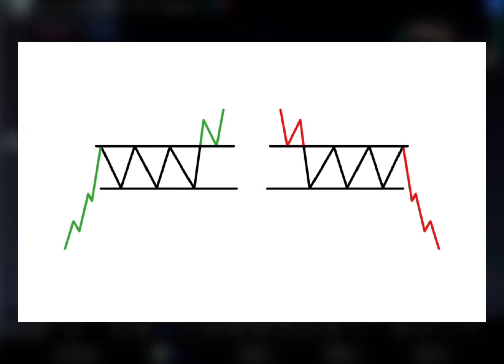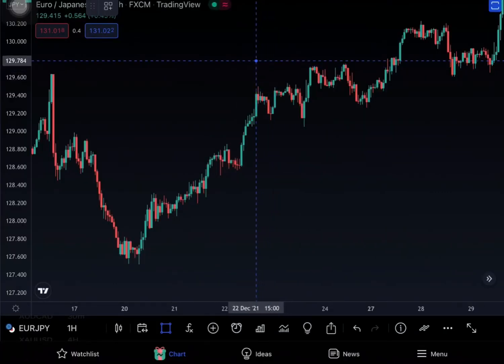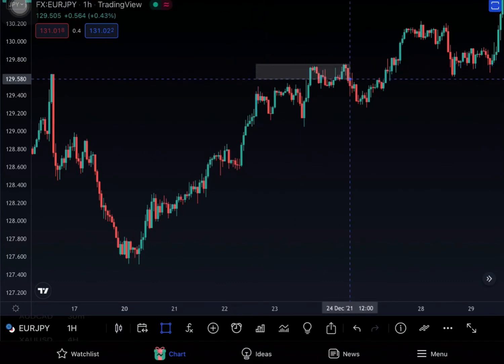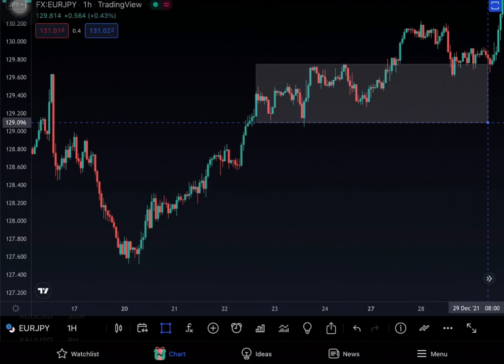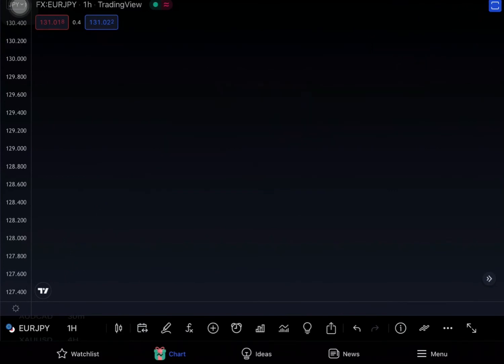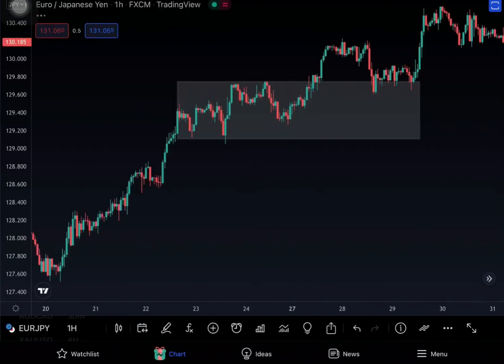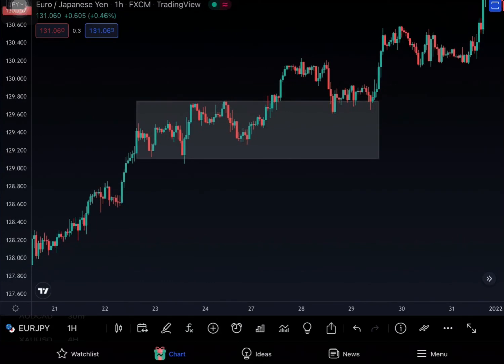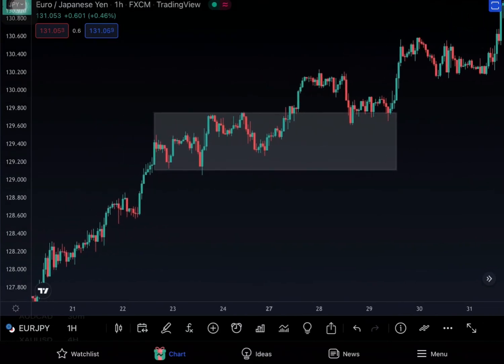Okay, so when the price is in a trend like this, euro to yen, we should find a rectangle like this. Okay, that is mostly shown by two tops and two bottoms.